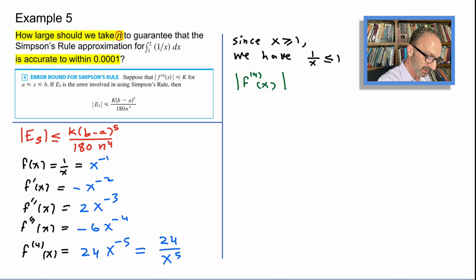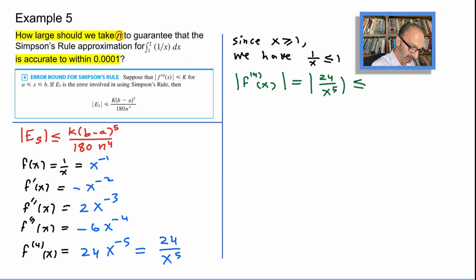But as you can see on the right-hand side, for convenience, I do have this written, which makes sense. If x is greater than or equal to 1, 1 over x should be less than or equal to 1. Which means now we have the absolute value of the fourth derivative of f of x, which equals the absolute value of 24 over x to the power 5, should be less than or equal to 24.